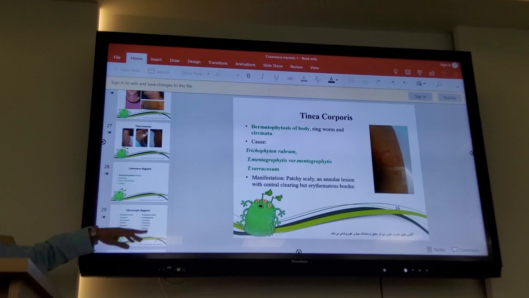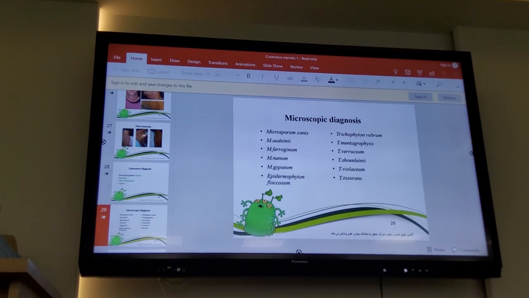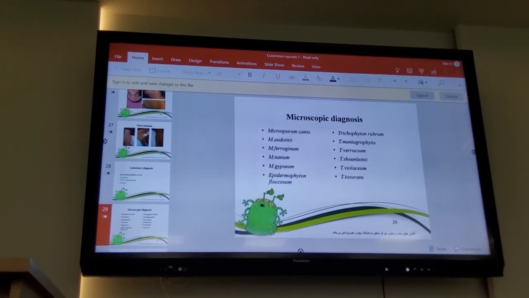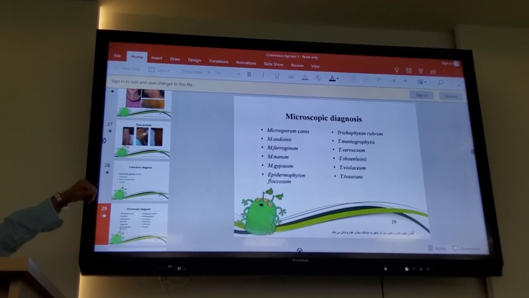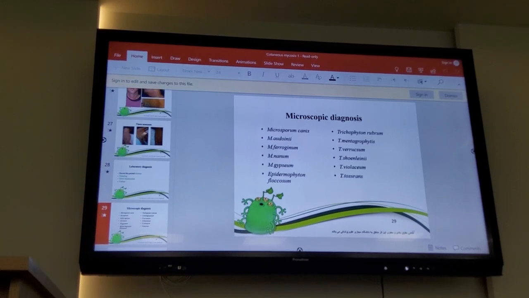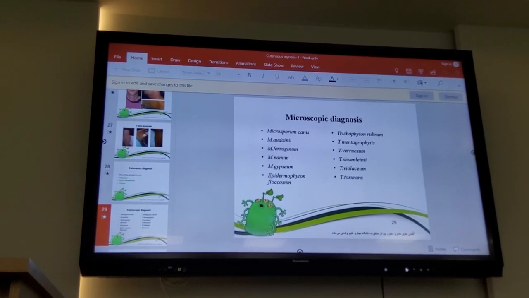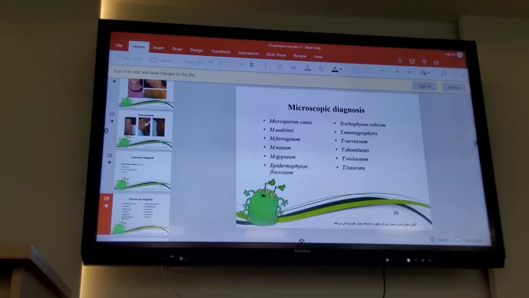I think before explaining the skin disease, we introduce some species of dermatophyte. This slide shows some important dermatophytes. At first, we have Microsporum canis. In which animal can you find it? It is a zoophilic dermatophyte.